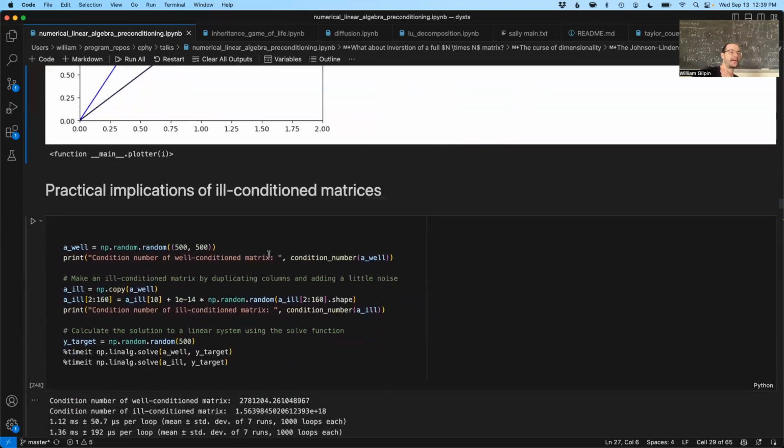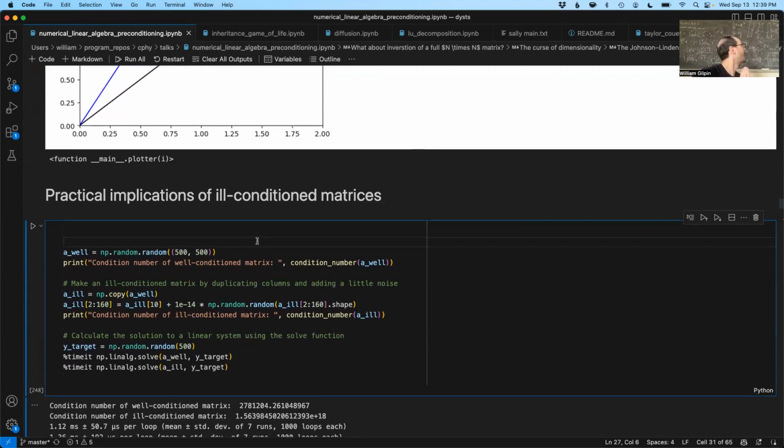So why do I care about whether a matrix has a big or a small condition number? The most obvious case is that if I have a condition number of infinity, that means I have two parallel column vectors. We know from linear algebra that a matrix, even if it's a 4 by 4 square matrix, if it has two columns that are identical, it's non-invertible. So an infinite condition number is super bad because you can't solve your problem.